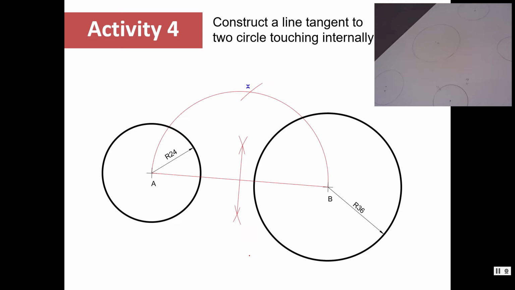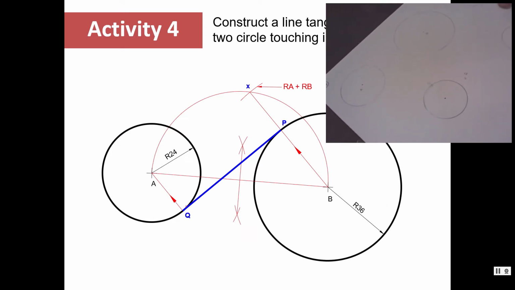And then we want to find X, which for this one is equal to RA, the radius of A, plus the radius of B. The radius of A 24 plus the radius of B 36 means it's 60. And then after that you can draw the P and the Q. Okay, let me show you how it was done.